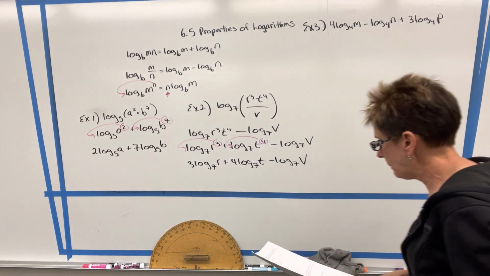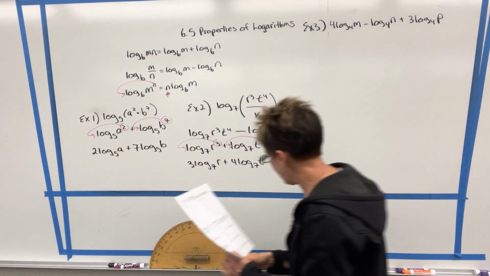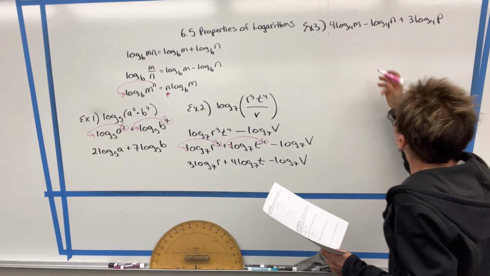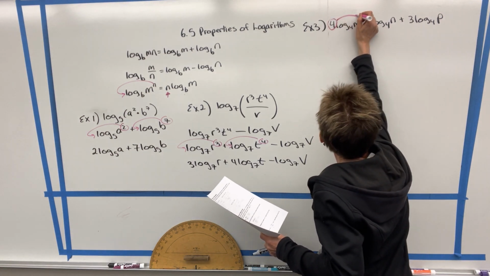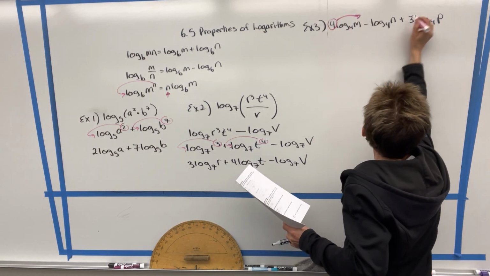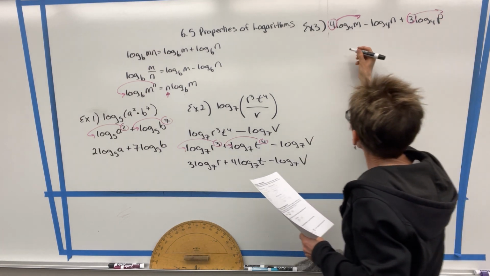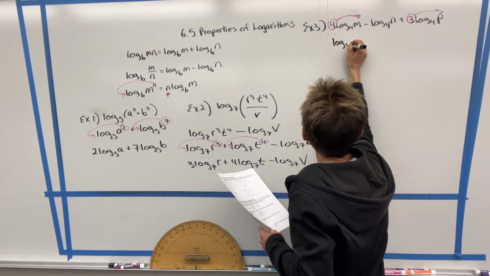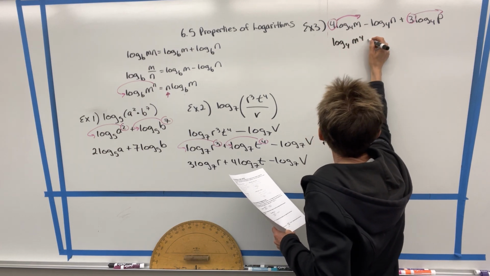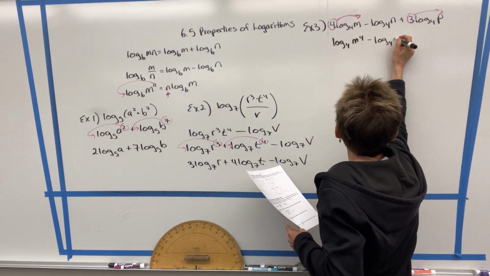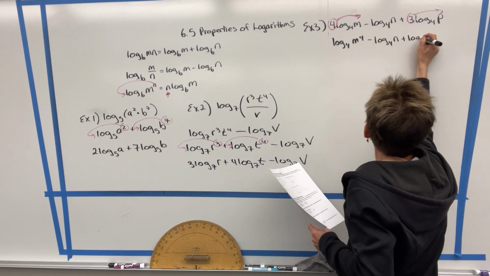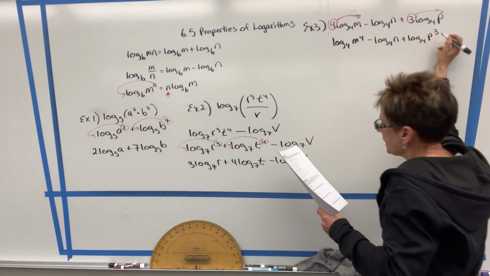The first thing that I would like to do is to bring the exponents back up where they should be. In both of those cases, I can move the exponents. So I'm going to write this as log base 4 of m to the 4 minus log base 4 of n plus log base 4 of p cubed.